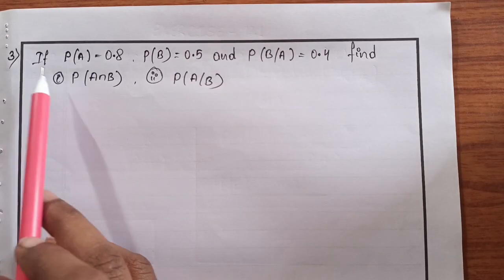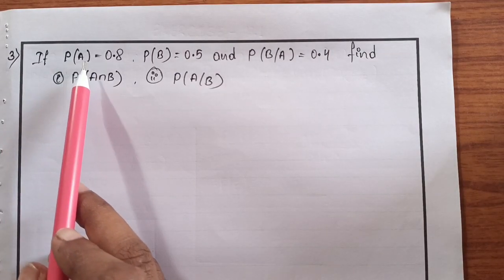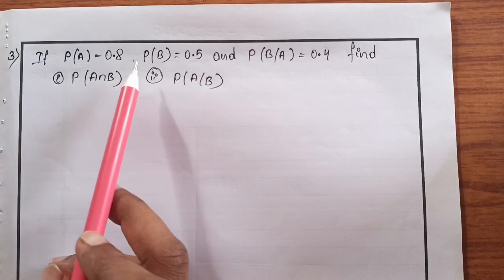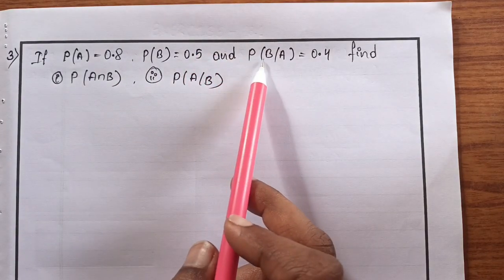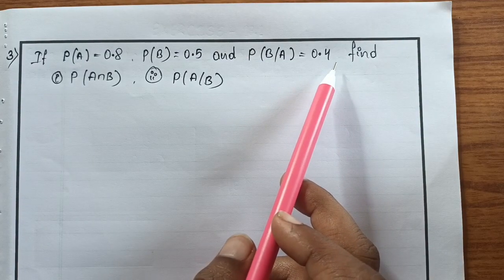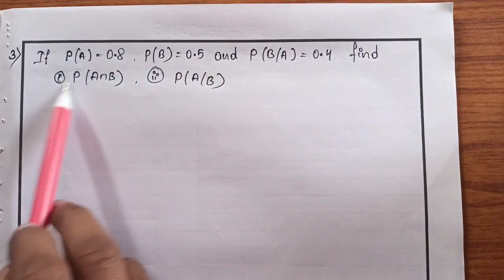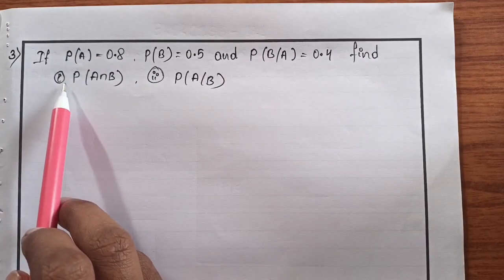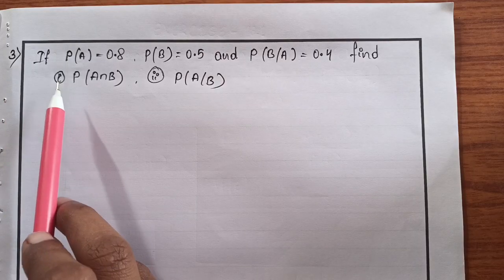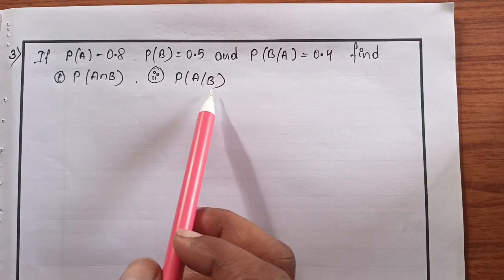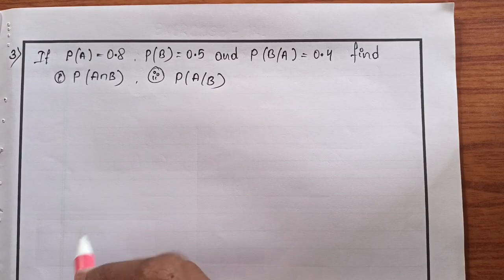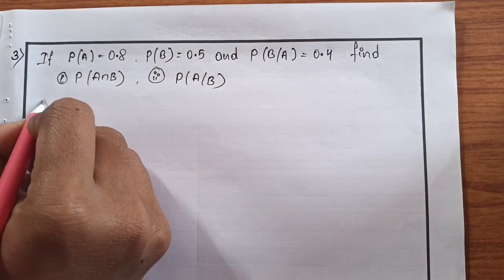Third question is, if probability of event A equal to 0.8 and the probability of B equal to 0.5 and probability of B by A equal to 0.4, find the first question, probability of A intersection B, and the second is probability of A by B. First we write what they are given.